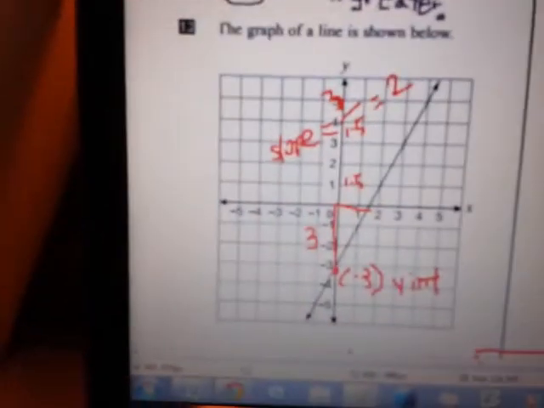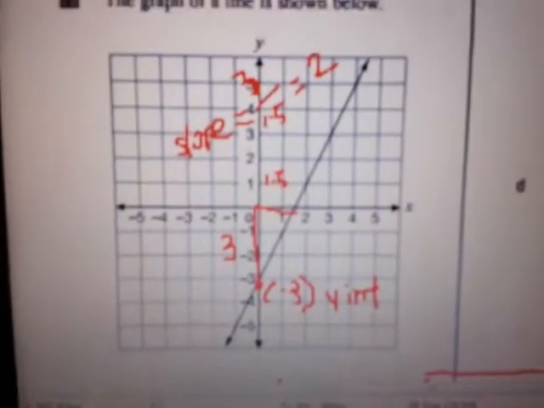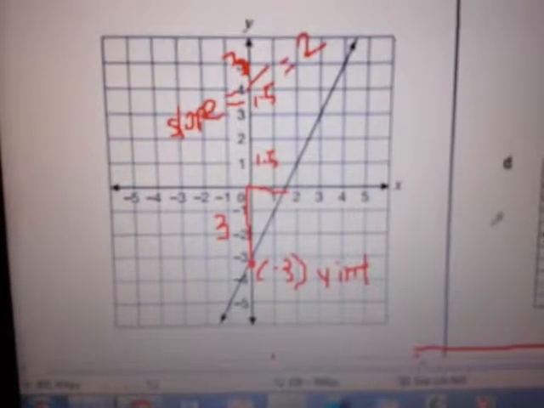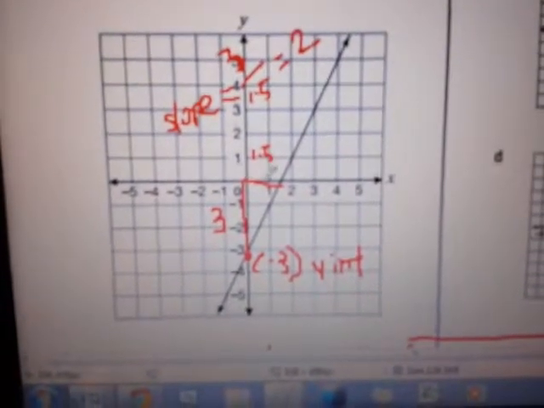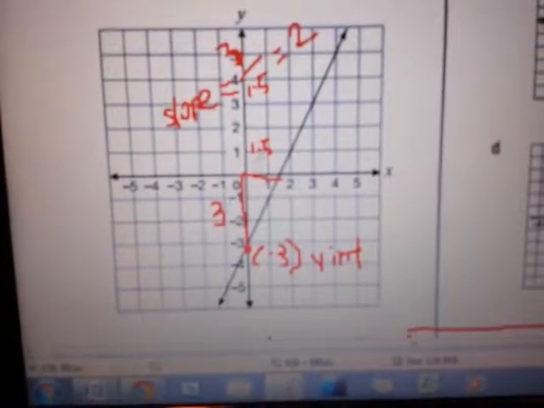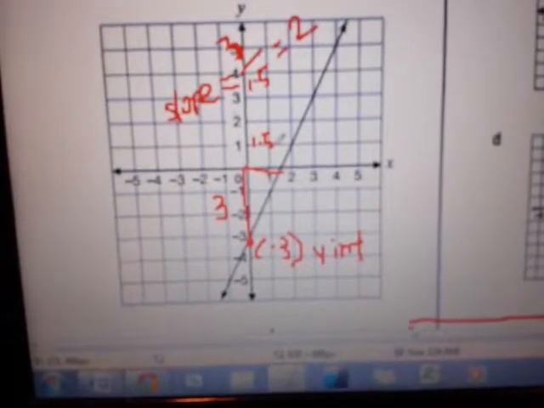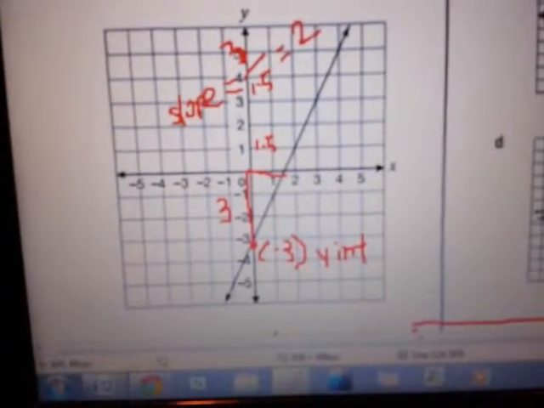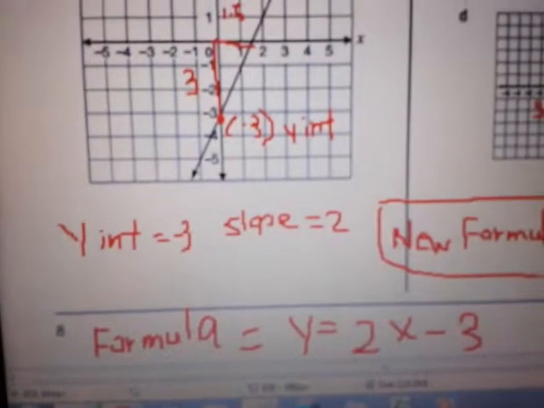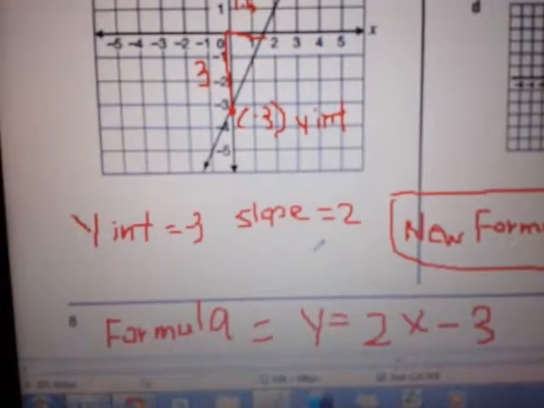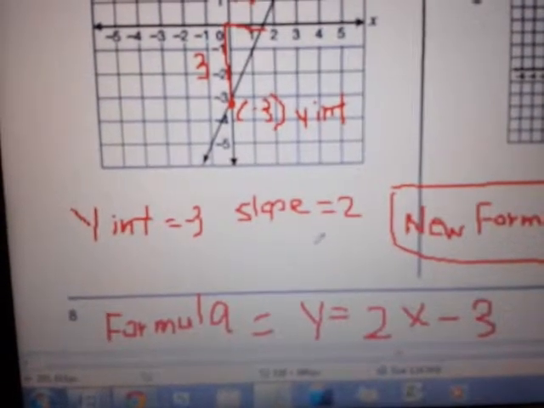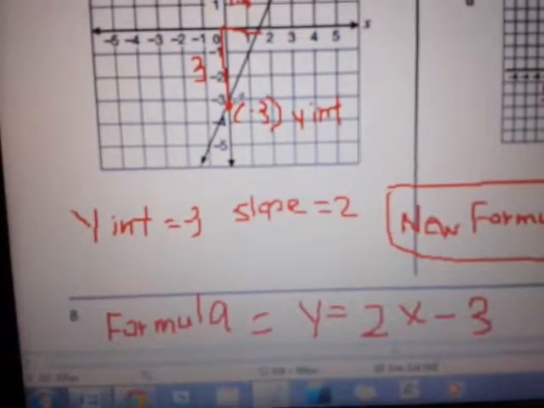So going back to the first graph, the original graph. We can calculate that the slope, so we have rise of 3 and run of 1.5, both positive values, and you would get a slope of positive 2, and a y-intercept of negative 3, as you can see here.